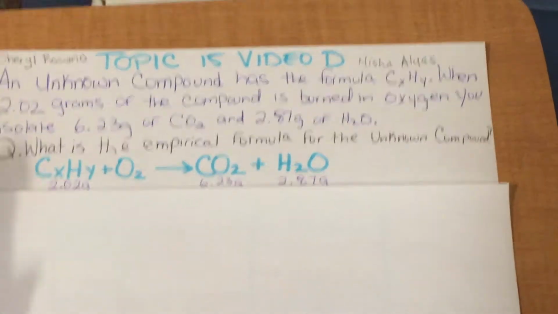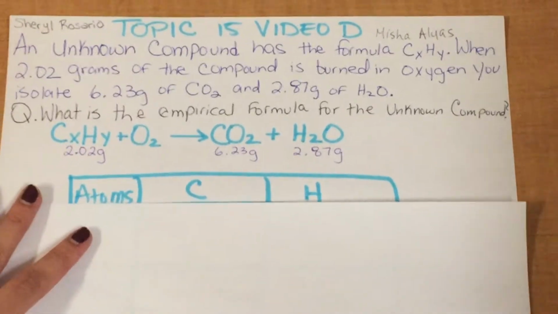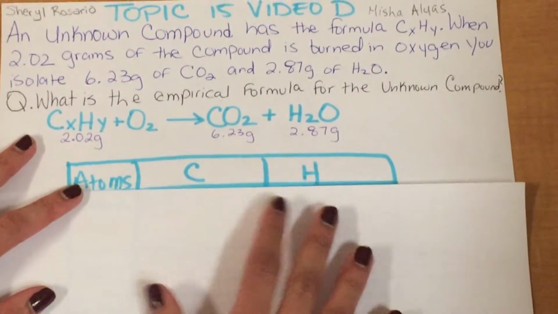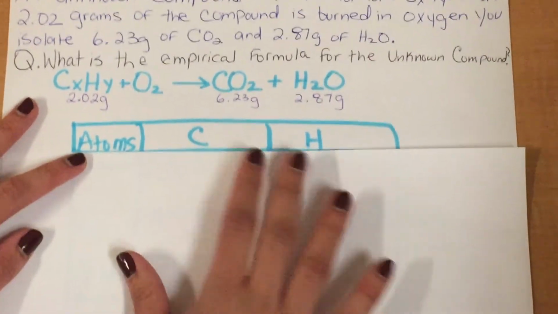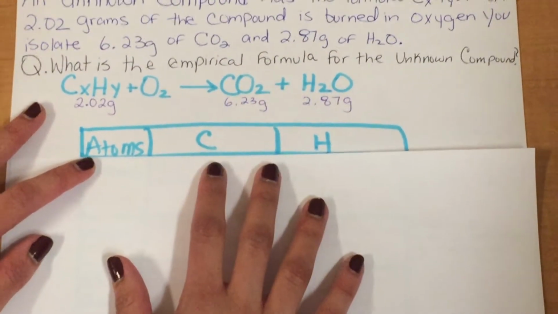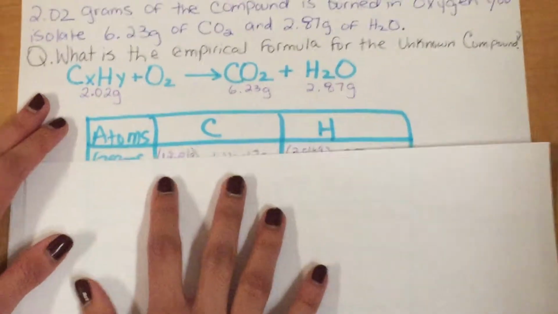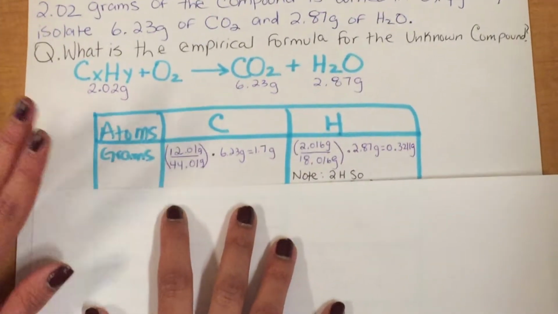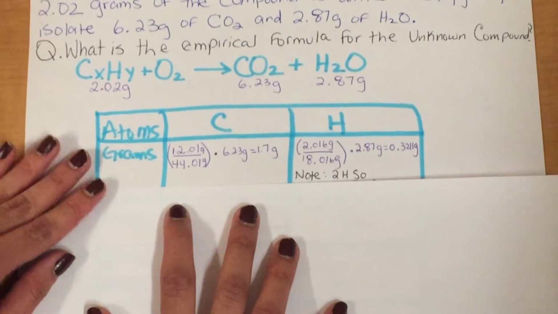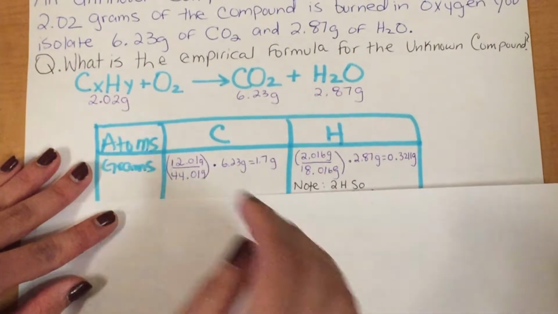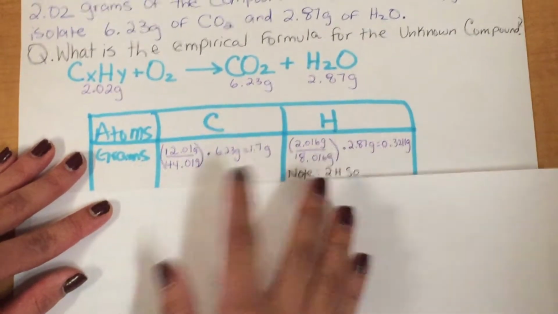So just like it was stated on the video, everything is made much simpler and quicker to do if we make this chart. So the first step to finding the empirical formula is to first obtain the individual masses of both carbon and hydrogen. And to do this, we need to use the fraction from the percent composition equation and then multiply this by the masses of carbon dioxide and water, respectively.